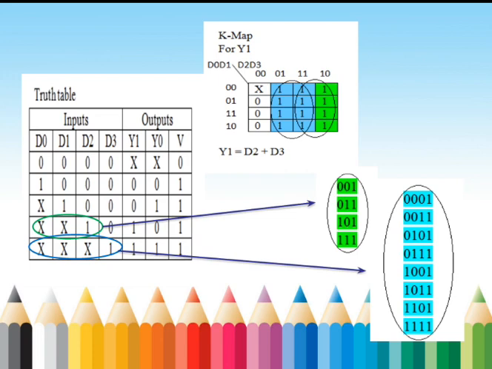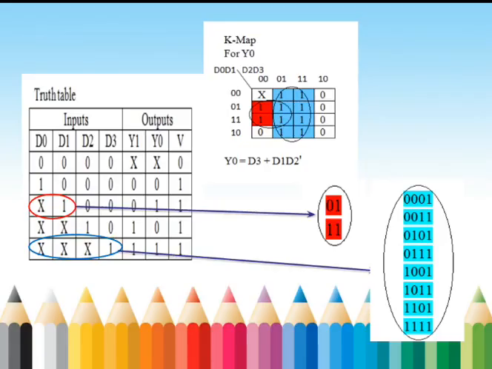Similarly, for obtaining the Boolean expression for Y0, by observing the output column Y0, it is enabled only when the data inputs D1 and D3 are enabled. The combinations for D1 enabled can be expressed in red color, and the combinations for D3 can be expressed in blue color.